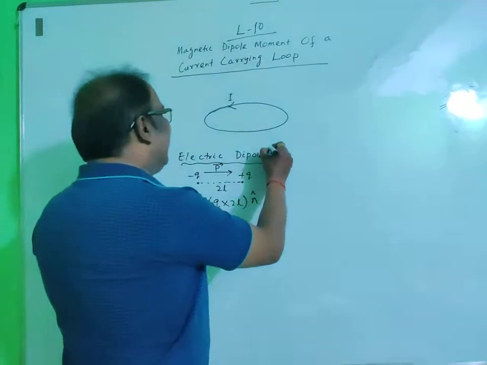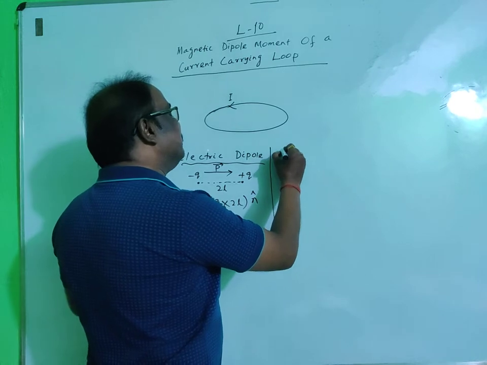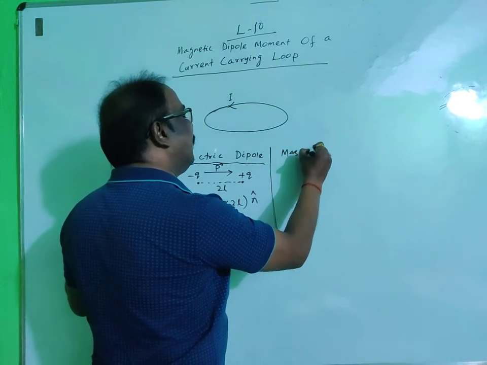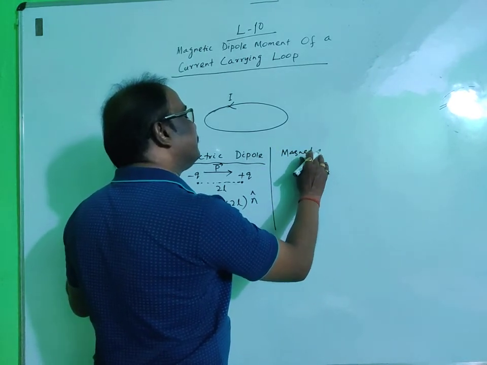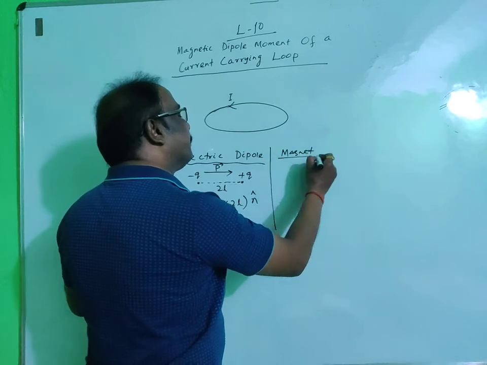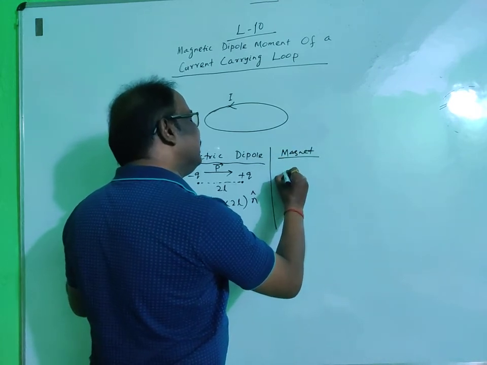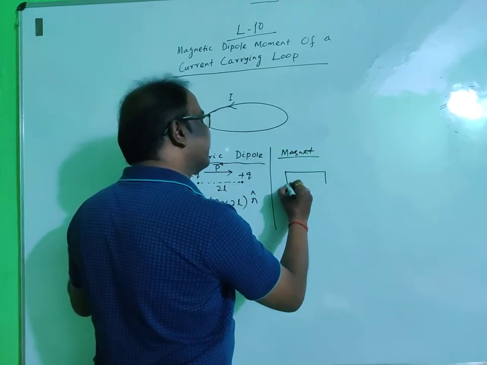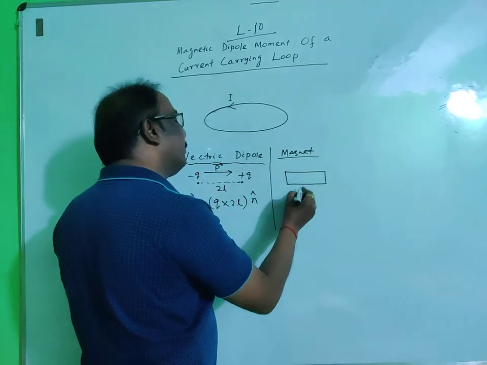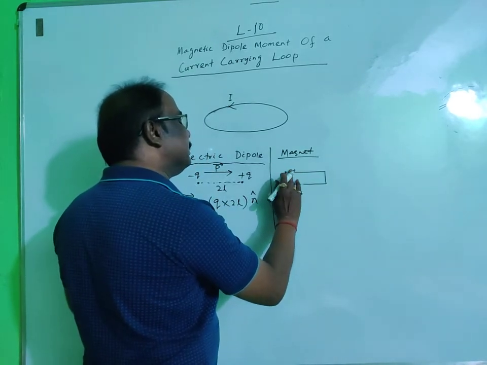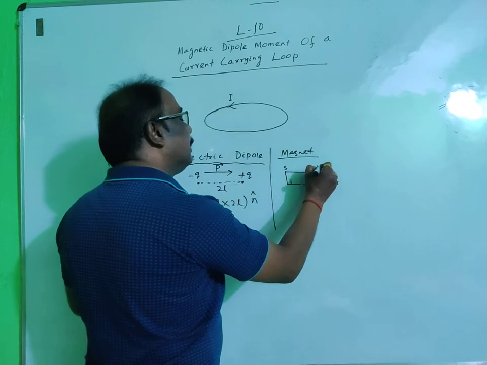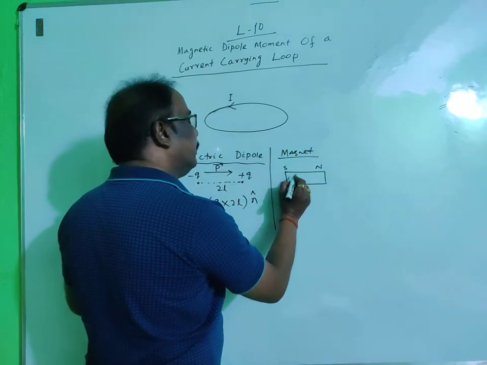Then about a magnet or magnetic dipole. If you consider a very small magnet, we are taking a bar magnet. Let this be the south pole and this be the north pole.